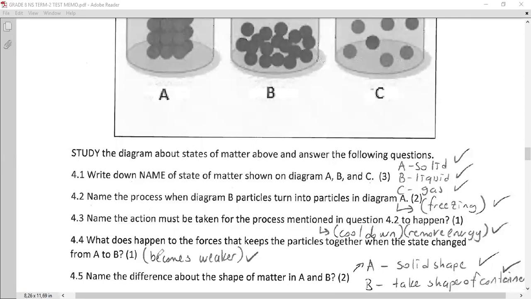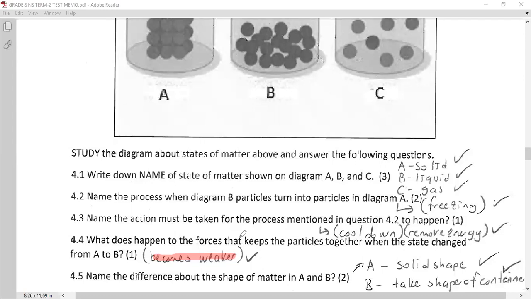So anything similar to becomes weaker, this is just a sample answer. Similar to becomes weaker, okay? You receive the full mark. For 4.4, if you say it melts, it melts is the answer for something else, okay? I'm asking what happens to the forces between the particles.